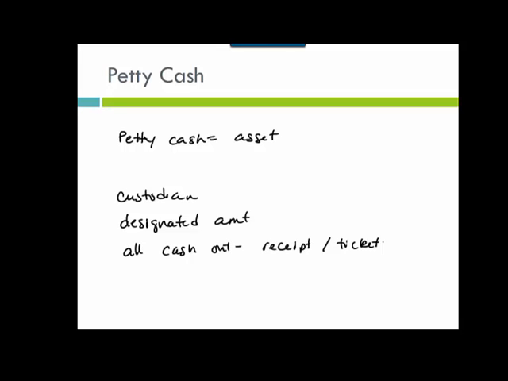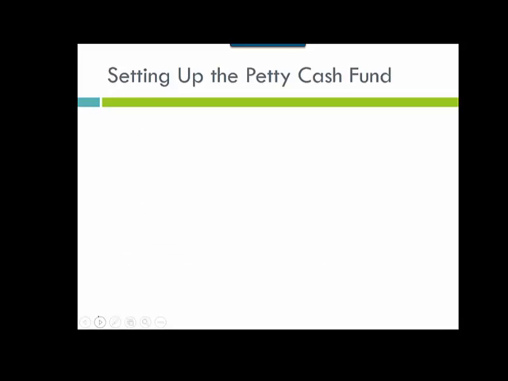Or I need to go to the store and get some colored paper because we're out. So she gives me the cash, and then a receipt or a ticket goes into the petty cash drawer. And so the total of the cash in the drawer and the receipts should always equal this designated amount right here.